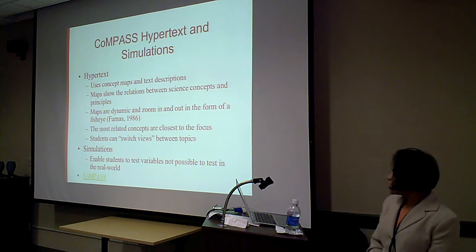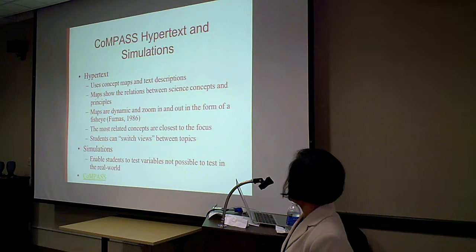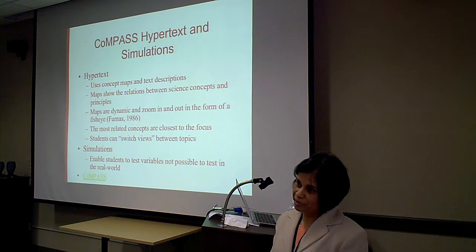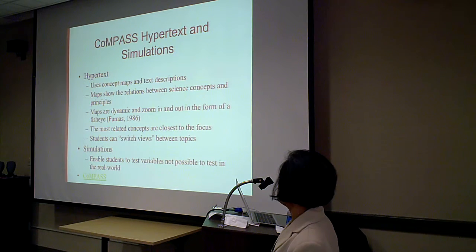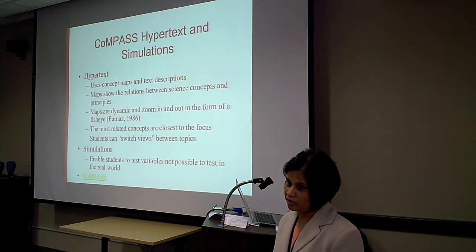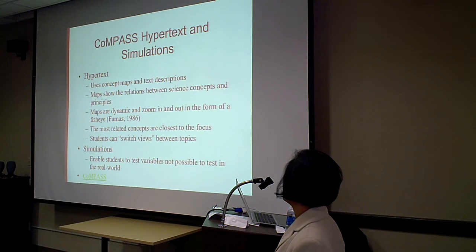Let me talk to you a little bit about the hypertext system. The CoMPASS hypertext system integrates two different representations, concept maps and text descriptions. The maps show the relations between science concepts and principles.